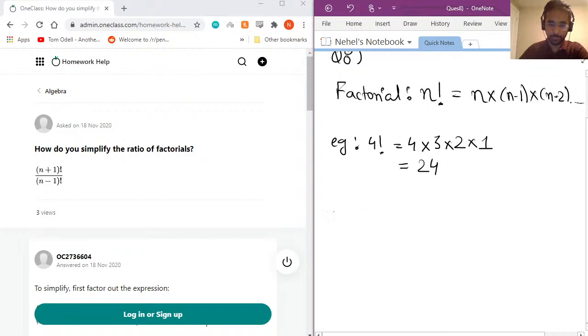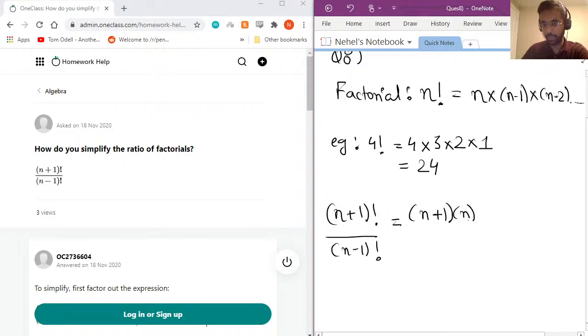So we would say that n plus 1 factorial over n minus 1 factorial is equal to... n plus 1 factorial could be written as nothing but n plus 1 times n plus 1 minus 1, which is n, multiplied by n plus 1 minus 2, which is nothing but n minus 1, times n minus 2 all the way to 1.